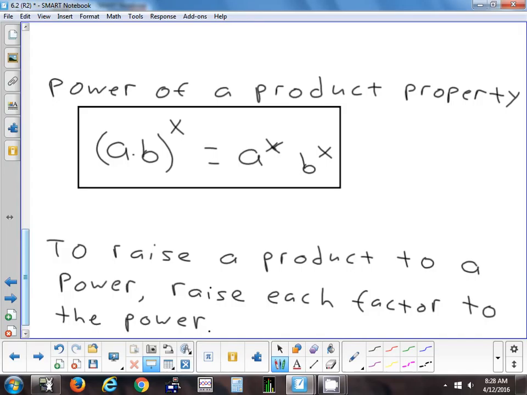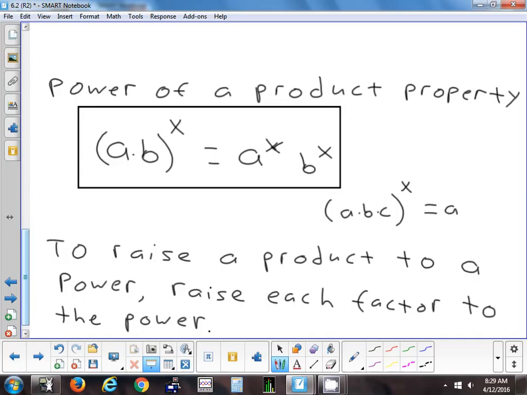All right? So what do you think? This is kind of a little bit of an extension. But what do you think A times B times C to the x would be? I showed you A times B to the x.